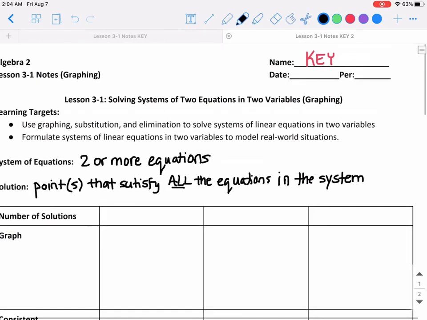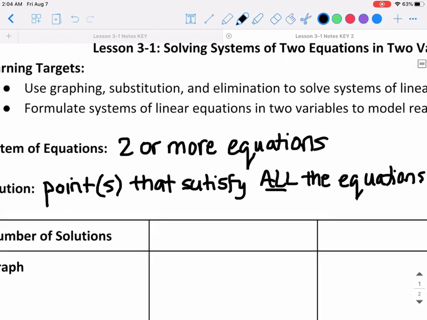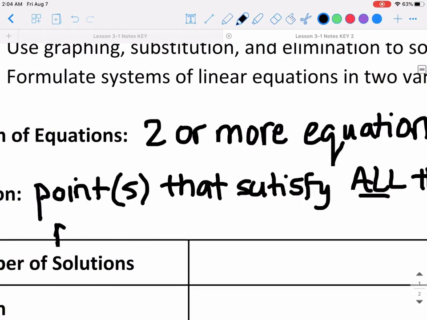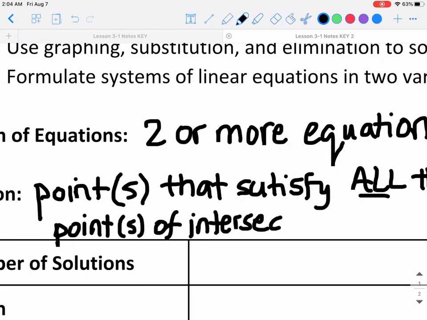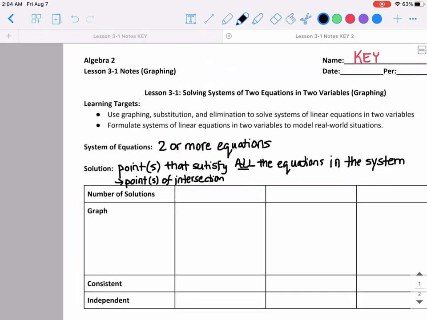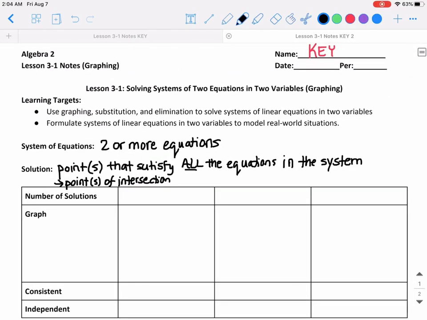When you're graphing, it is the point or points of the intersection. So if you draw the two lines, it's where the lines intersect with each other. That's going to be the solution for the system.